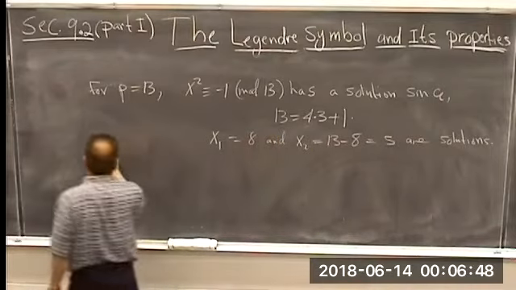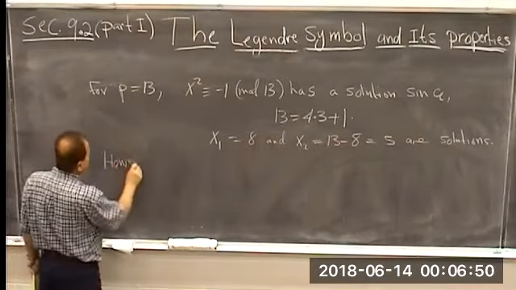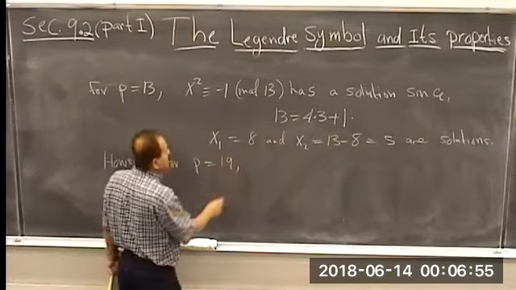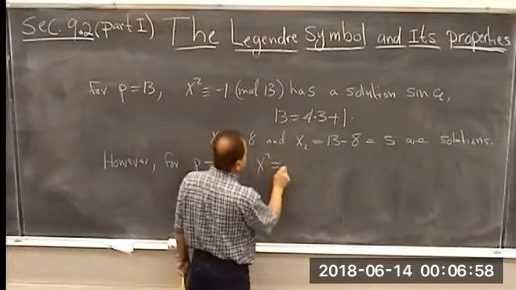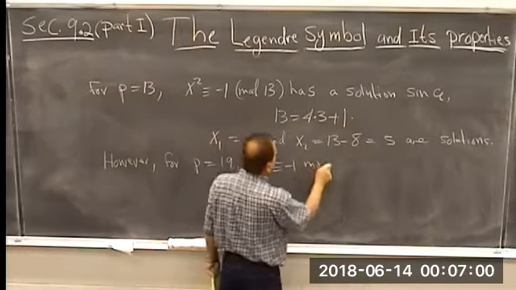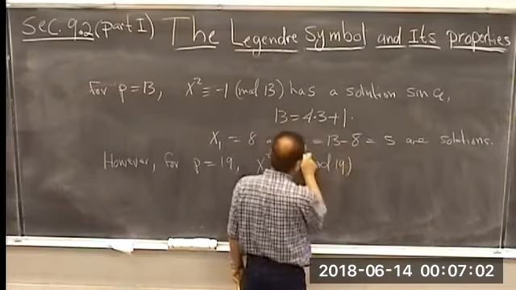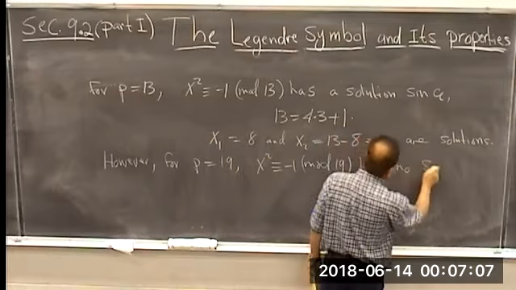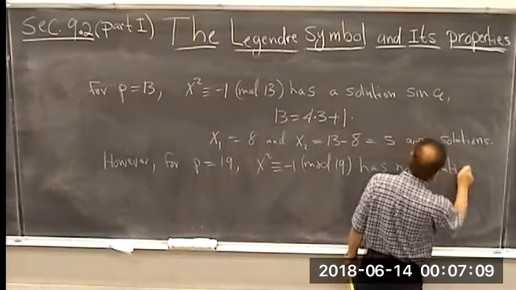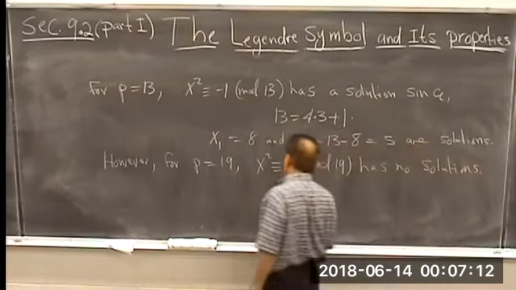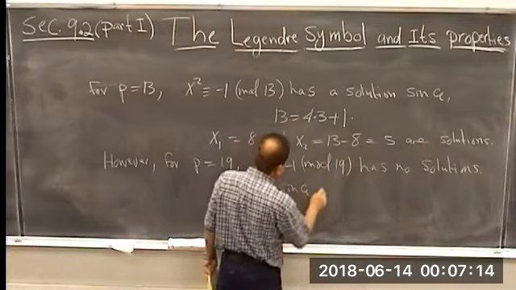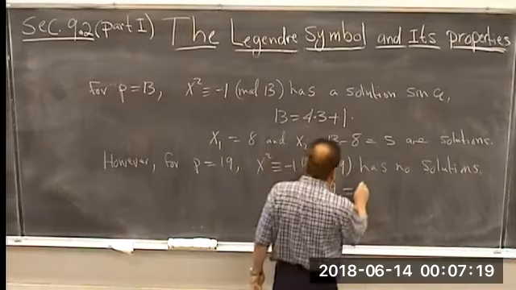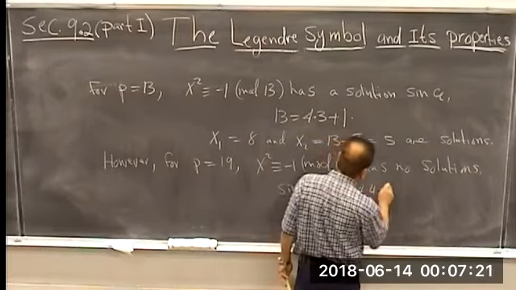However, for p equal 19, x squared congruent to negative 1 mod 19 has no solutions, because 19 is a prime which is of the form 4 multiplied by 4 plus 3.